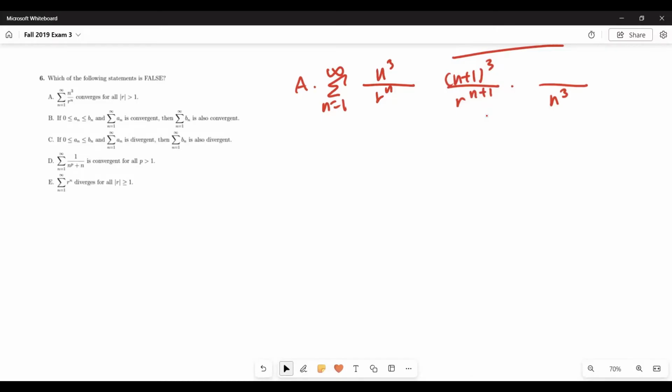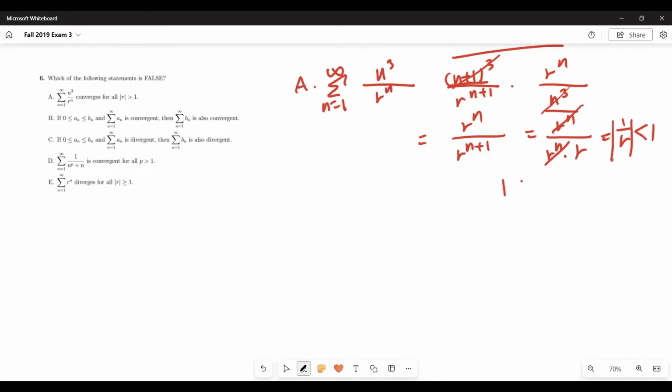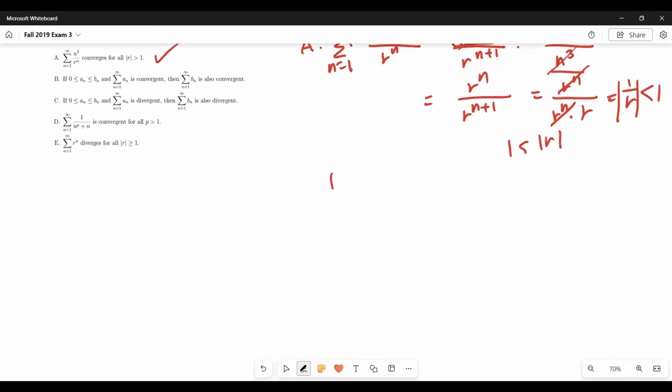So this will be R to the n over n cubed. As n goes to infinity, the n cubed part will just be 1, so you don't have to worry about this part. This is just R to the n over R to the n plus 1, and you can write R to the n over R to the n times R, and this will cancel out, so this is 1 over R. And in order to converge, this has to be less than 1, so 1 is actually less than the absolute value of R, so that is right. Okay, so let's look at option B.